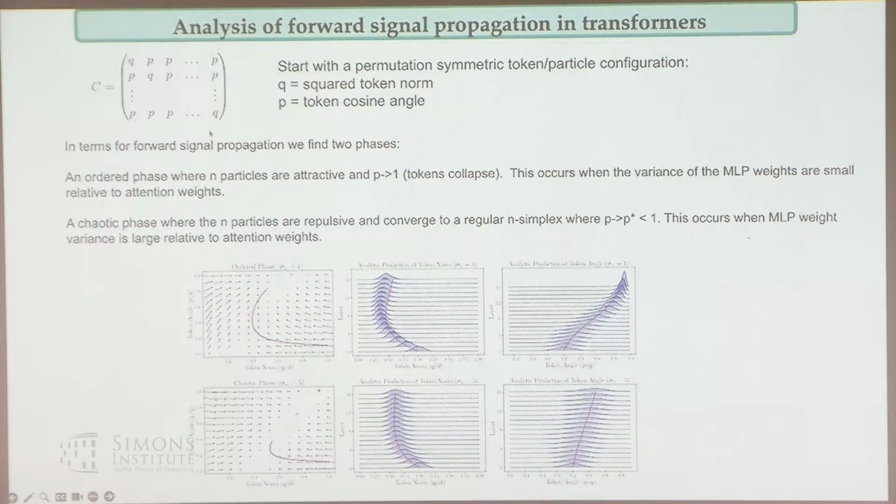So we imagine that this is the matrix of dot products between N tokens. We assume that all the tokens have the same squared norm, and that's the diagonal of this matrix, which we call Q. And we assume that the dot product between any pair of tokens is the same for all pairs, and we'll call that P. This corresponds to tokens sitting at the vertices of a simplex, where they all have the same dot products with each other and with themselves.